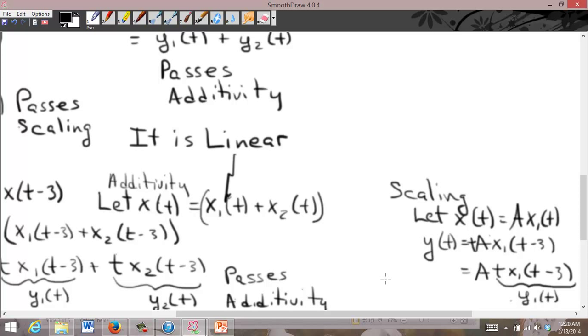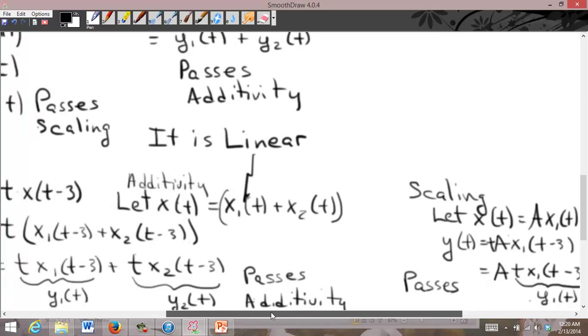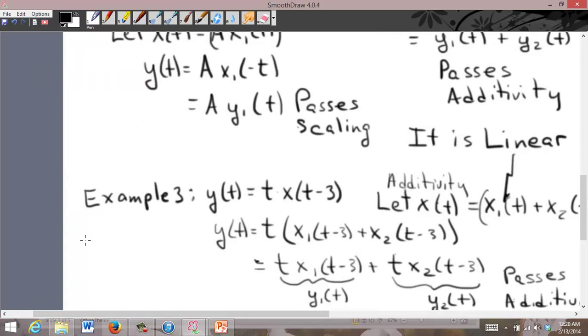So it passes, and it's therefore linear. It is linear. Alright, so that's it for those three examples.